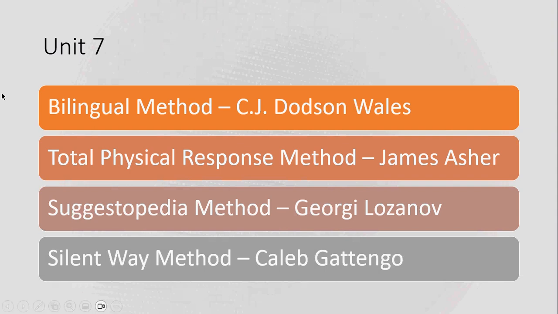Let us now look at the Suggestopedia method. Again, as the word Suggestopedia suggests, it comes from suggest and pedagogy. The teacher makes certain suggestions. For example, it is like associating. If the teacher wants to build up a calm, gentle atmosphere in the classroom, the teacher can make use of very soothing music in a classroom.